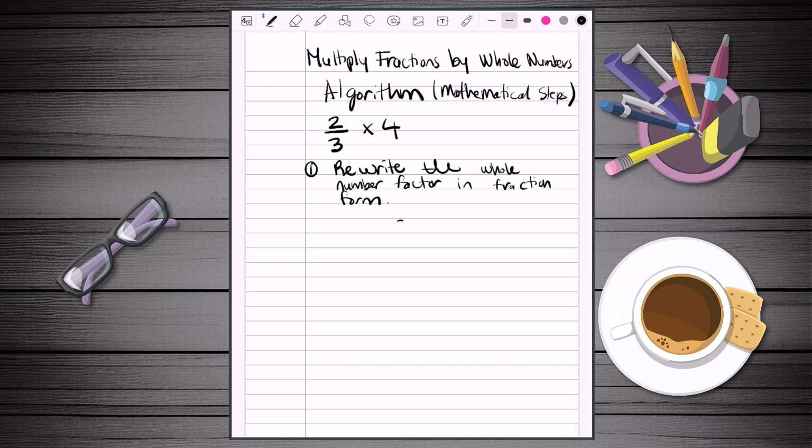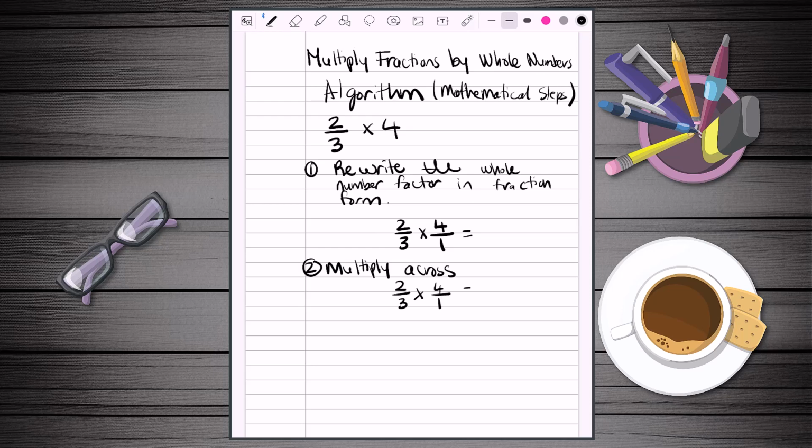Excuse me, that says rewrite the whole number in fraction form. So any whole number over 1 is the fraction form. We've got 2/3 times 4 over 1 because it's not being divided by anything. It's in its whole form.